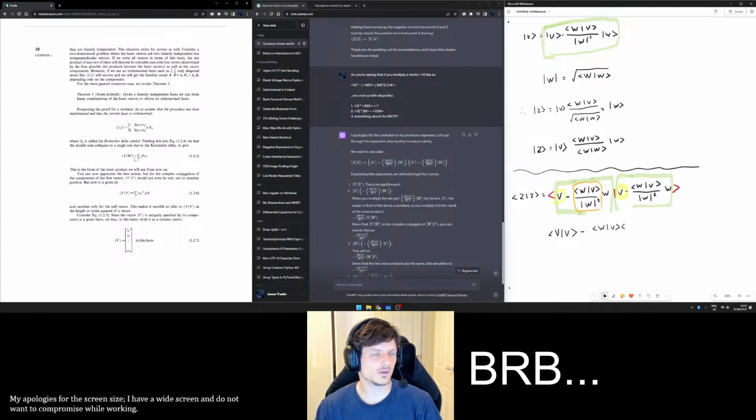So the inner product is the sum of all the components of V with all the components of W, if you conjugate the V. And therefore the inner product of V with itself is equal to the sum of the magnitudes of all the components squared.